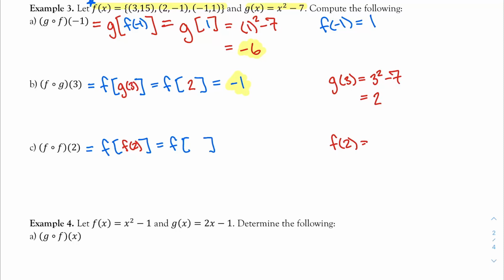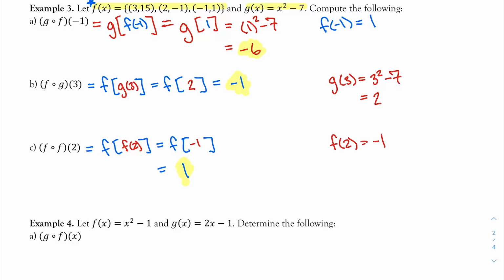Well, when x is positive 2, my f value is in fact negative 1. So really now I'm asking what's f of negative 1? F of negative 1, I use the same process. I go to my f function. What happens whenever x is negative 1? I get positive 1.